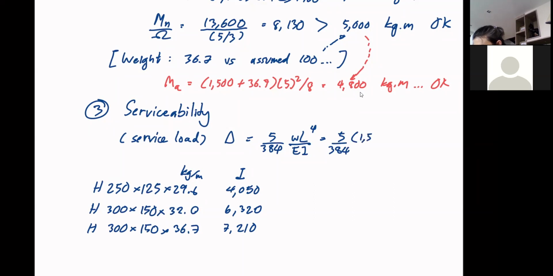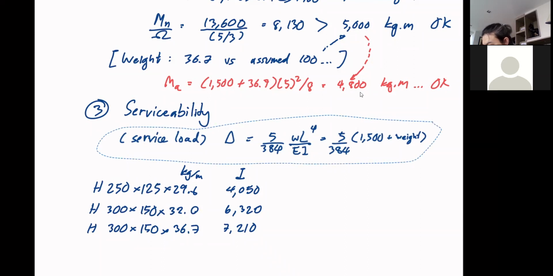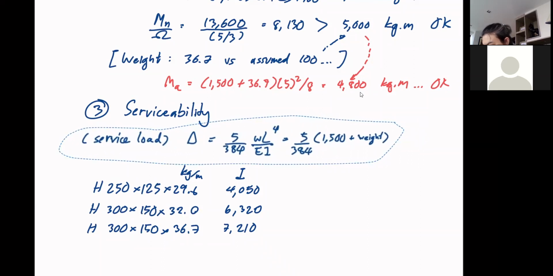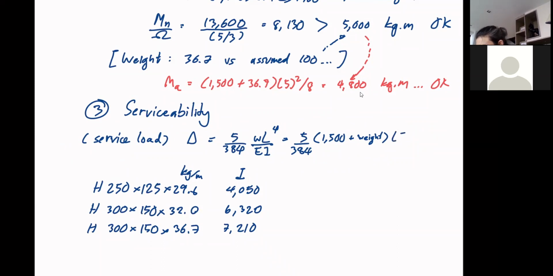This is going to be 1,500 plus the weight. And to change the unit, because this W is kilogram per meter, I'll multiply it with 5 and then 500 cube.